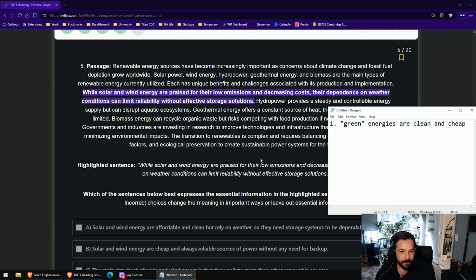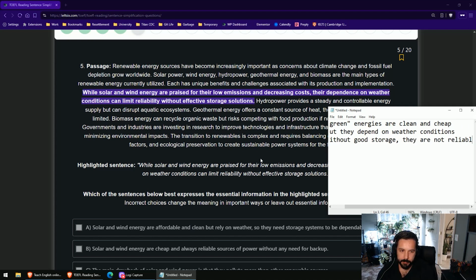Of course they are. But they depend on weather conditions. Basically, this is a disadvantage. It's a disadvantage compared to the other sources. And three, without good storage, they are not reliable.